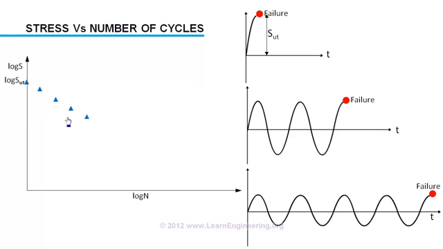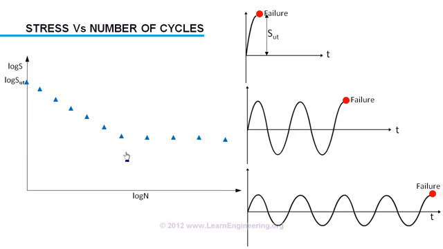But not forever. You can see after a particular stress amplitude, even with a slight decrease in stress, the number of cycles required to make it fail increases drastically. Or in short, if you have a stress amplitude below this limit, the number of cycles to make it fail jumps to infinity. Or the material never fails after this limit.